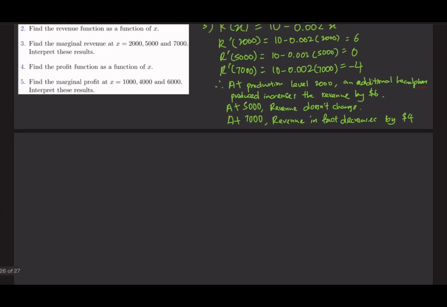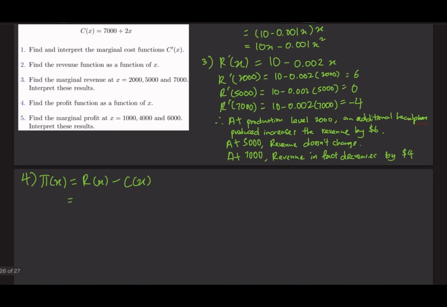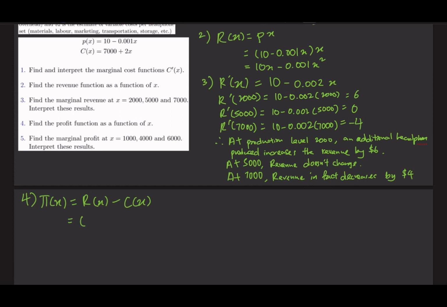Now let us move on to question number 4. Find the profit function as a function of x. Now we know profit is the revenue function minus the cost function. Right? Revenue function 10x minus 0.001x squared minus the cost function 700 plus 2x.